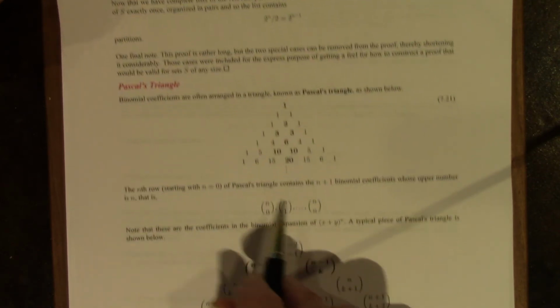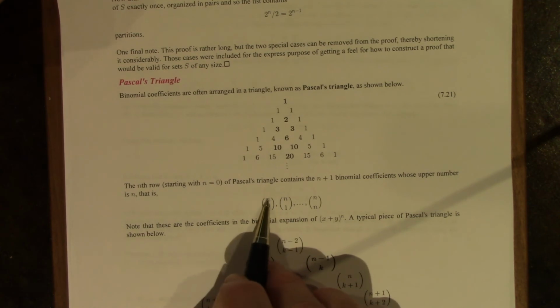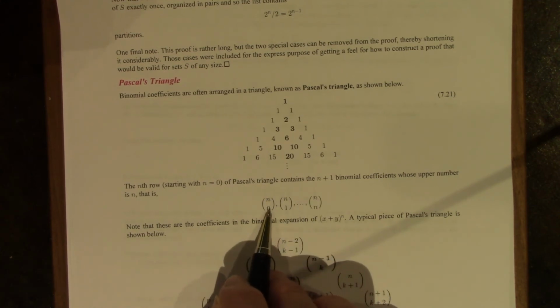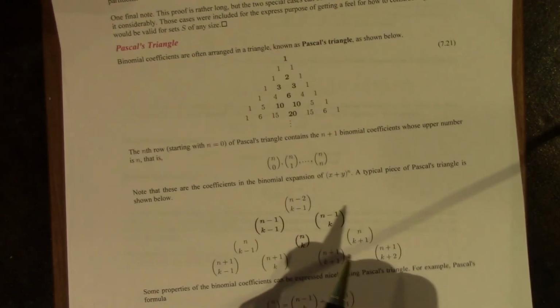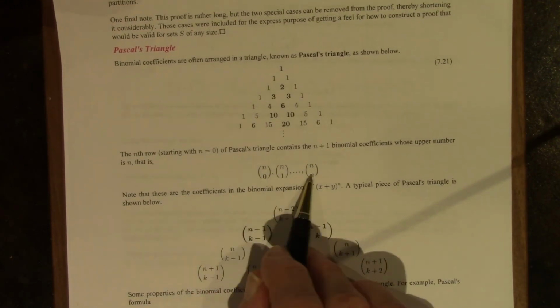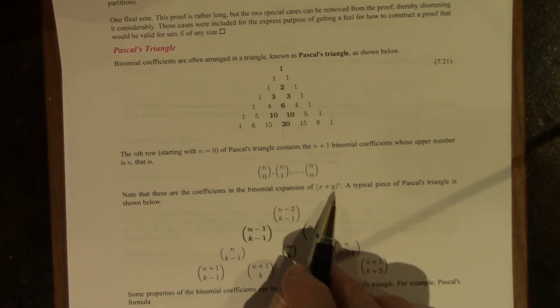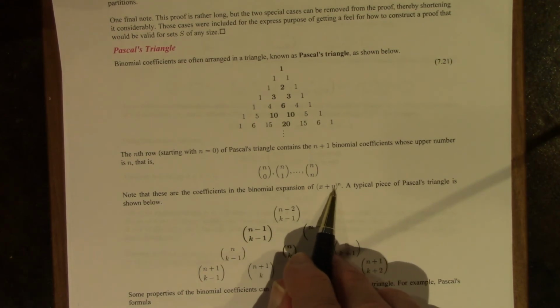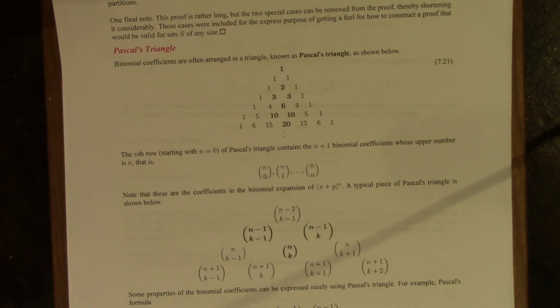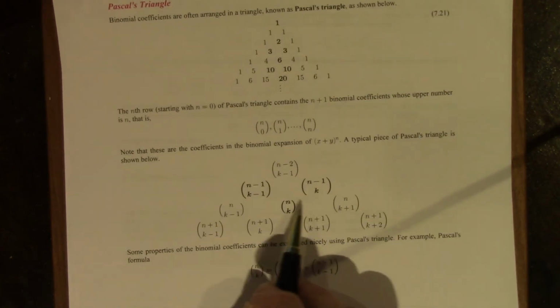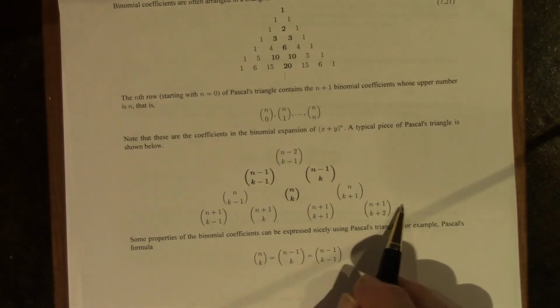So this is what the nth row looks like. n goes in the upper number, and the lower number ranges from 0 to n, which is why there are n plus 1 of them. Actually, these are the coefficients in the binomial expansion of x plus y to the n, so that's another way to remember what goes in a given row. This is a typical piece of Pascal's triangle.